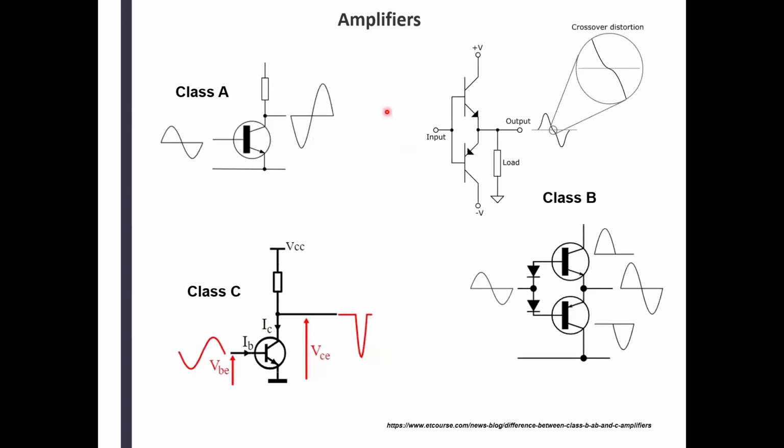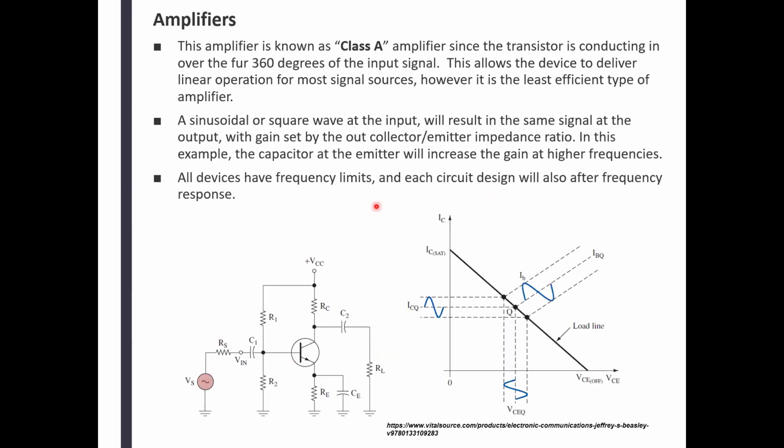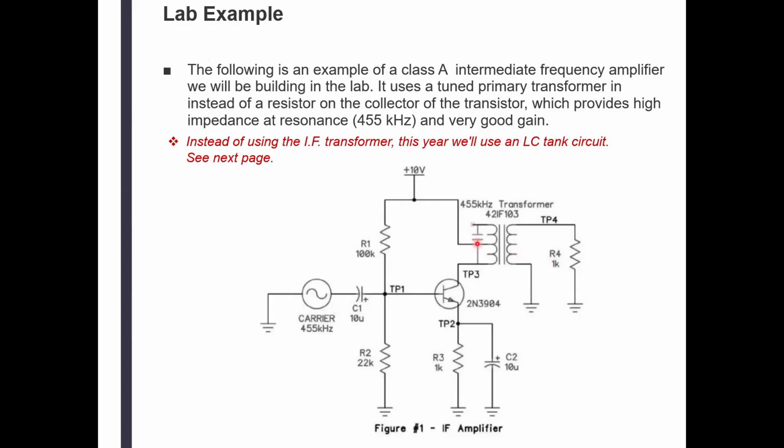So here, instead of this resistor, we're going to have a tank circuit, called the 455 kilohertz transformer, which is the IF, intermediate frequency, for the AM transmission. And that thing is tuned to 455 kilohertz, and you can buy those. However, we have changed the labs a little bit.